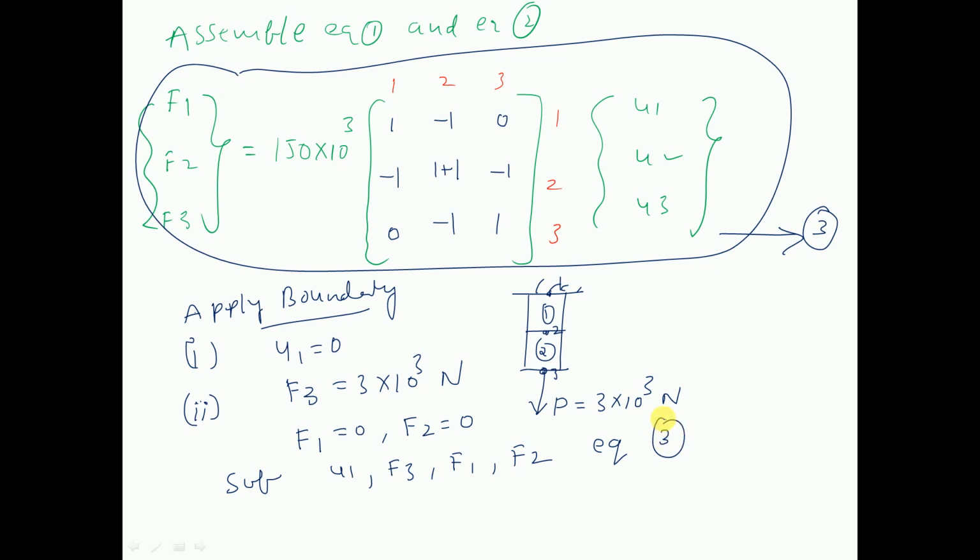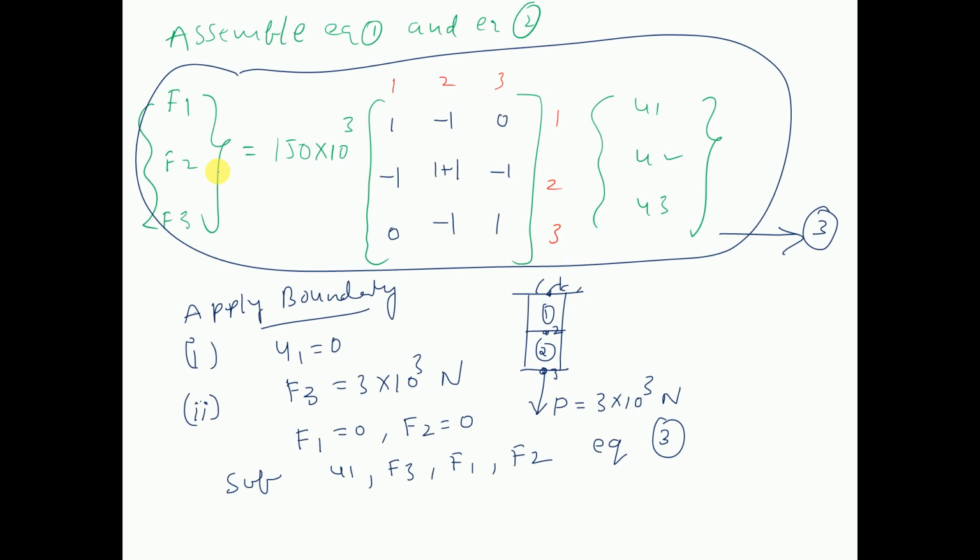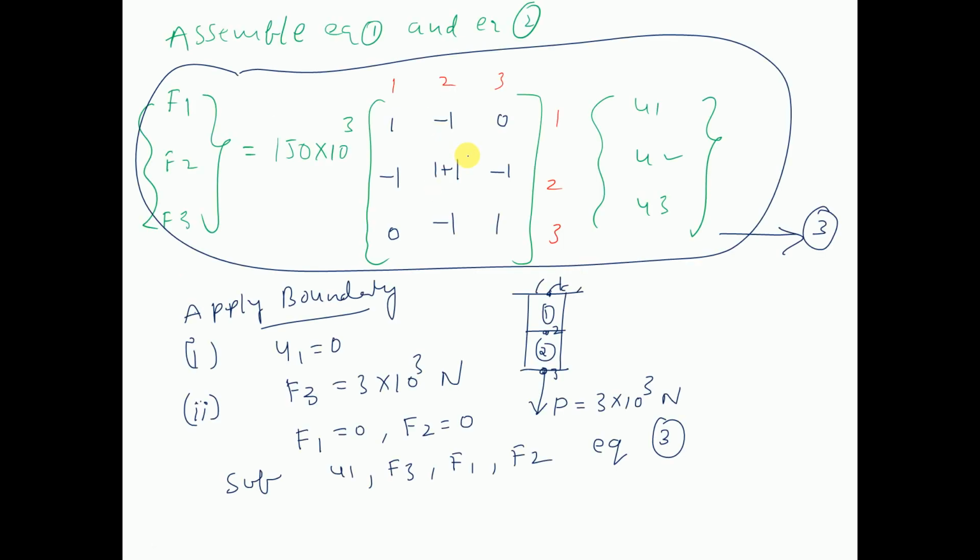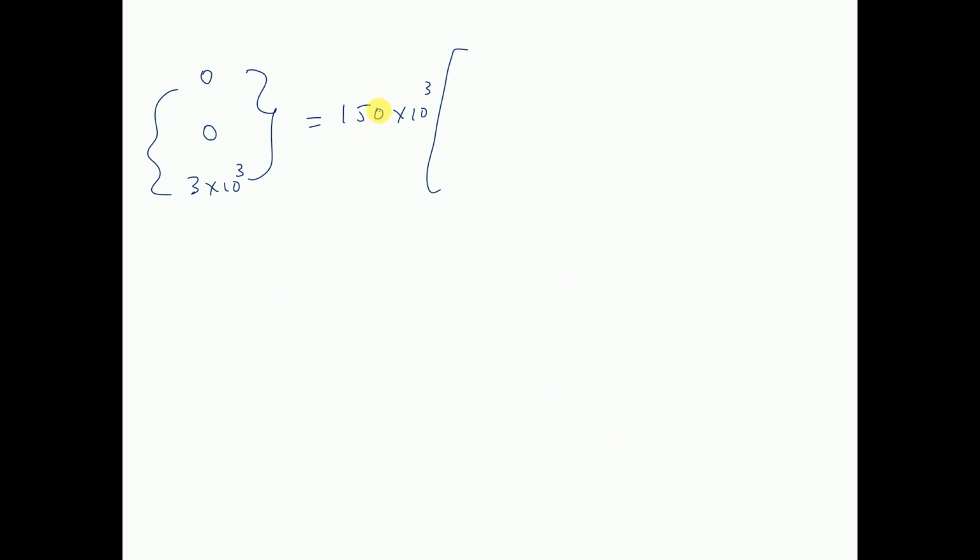After substituting, what do we get? F1 and F2 are 0, and F3 is 3 into 10 power 3, equal to 150 into 10 power 3 into the final stiffness matrix 1 -1 0, -1 2 -1, 0 -1 1.